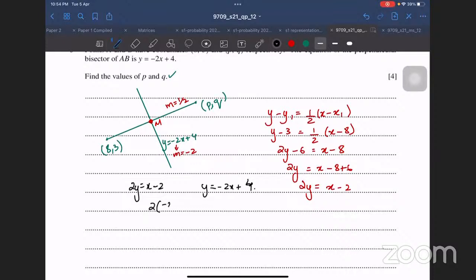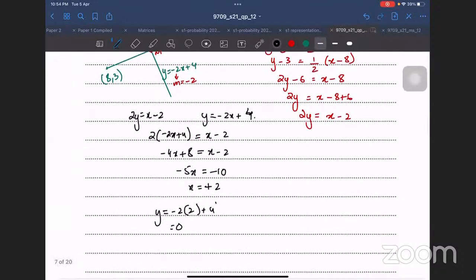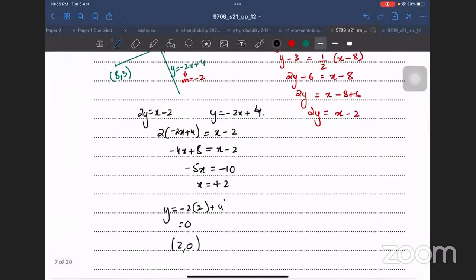So this becomes x equals to 2. So y equals to 0. 2 comma 0. Let me check my answers.